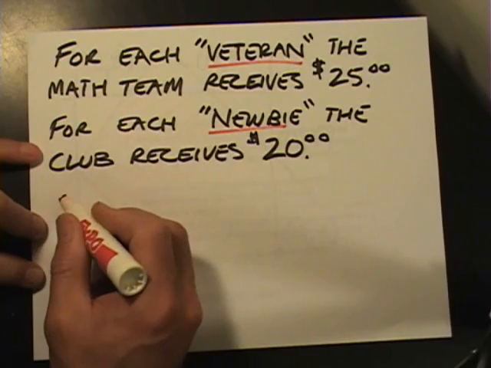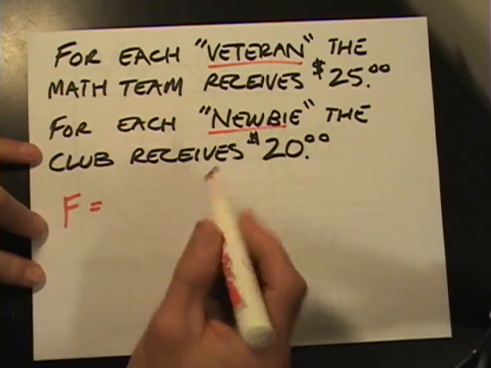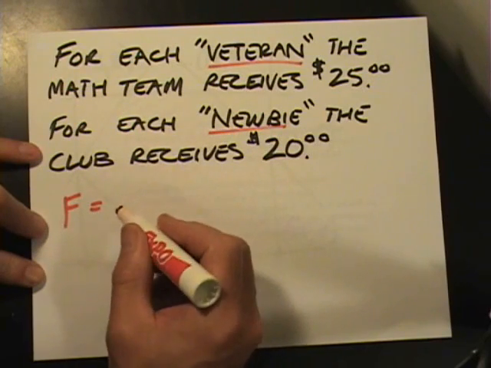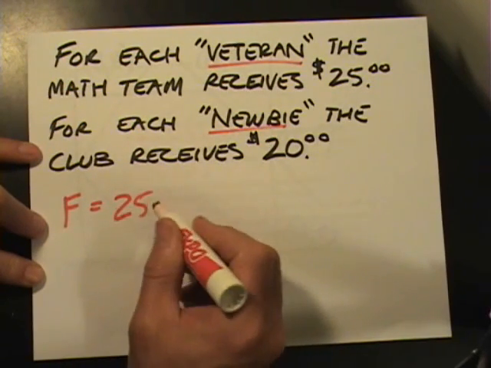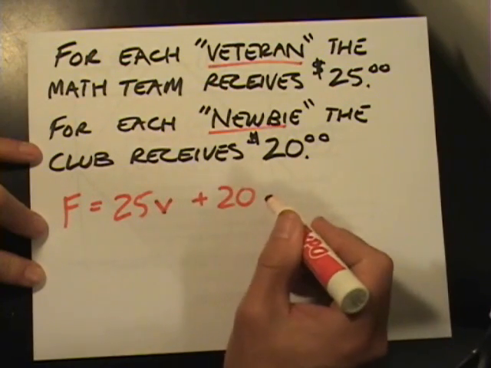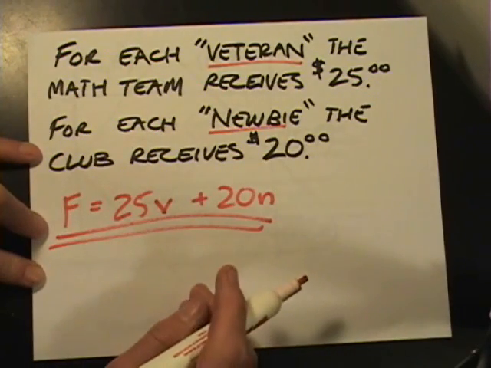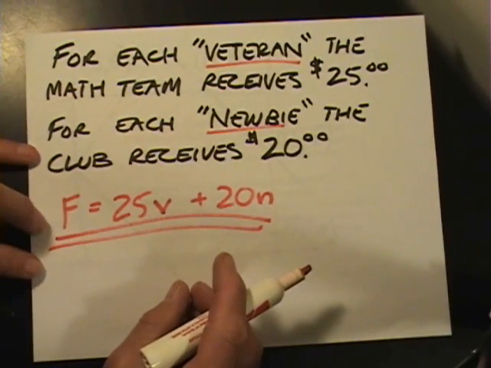So the funds raised based on our veterans and our newbie workers is simply 25 times the veterans plus 20 times the newbies. So that's quite a simple function, and we will attempt to maximize that.